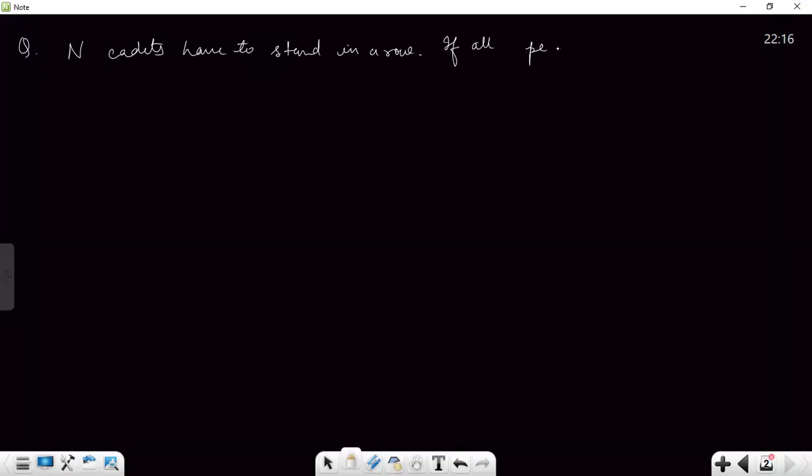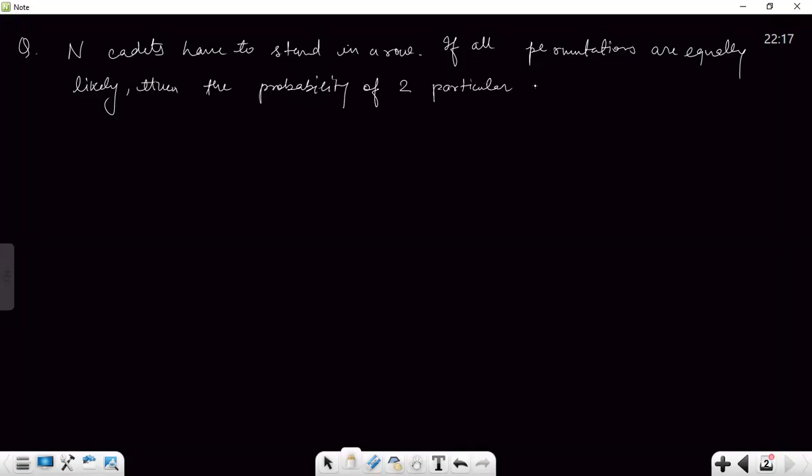If all permutations are equally likely, then the probability of two particular cadets standing side by side is what we have to find.